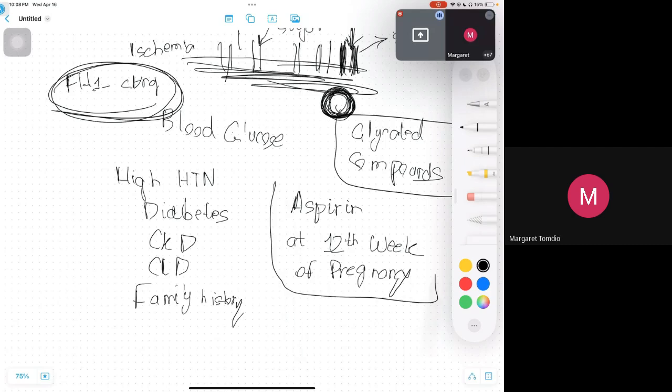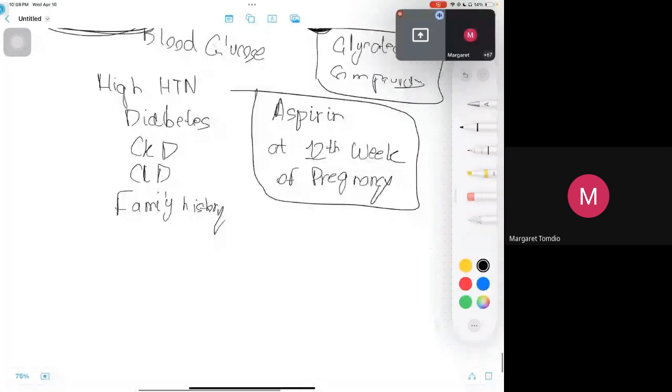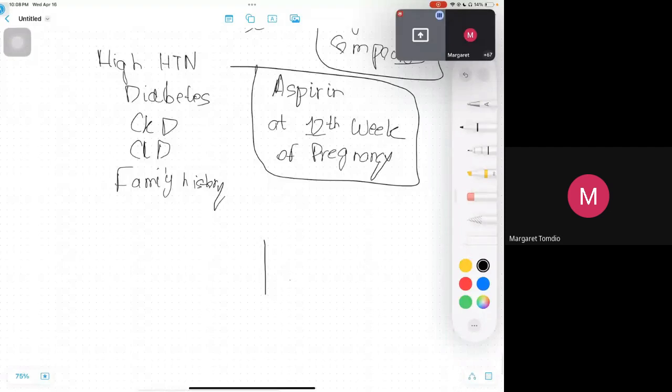Now, why do we give aspirin to the mother? Because aspirin will basically prevent vasospasm.